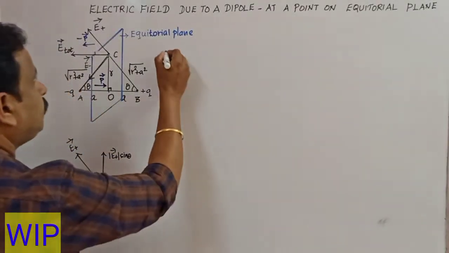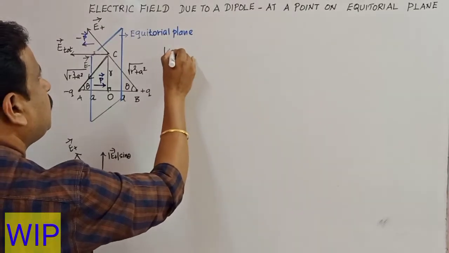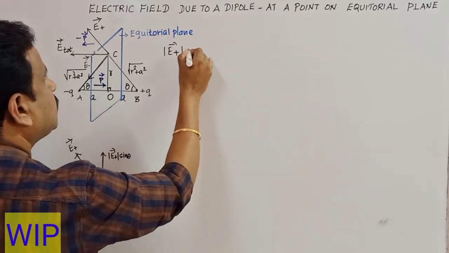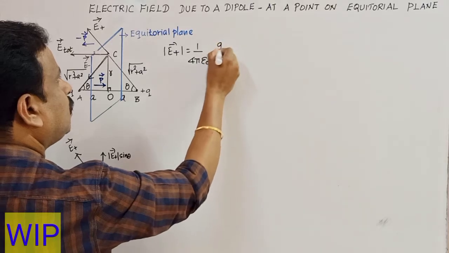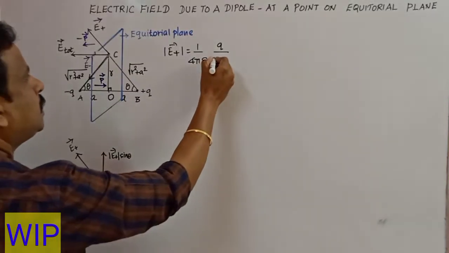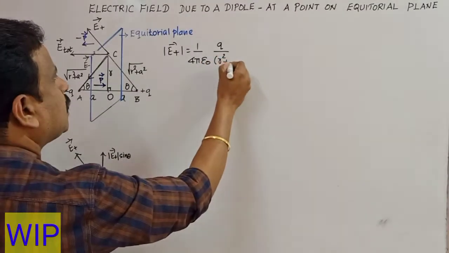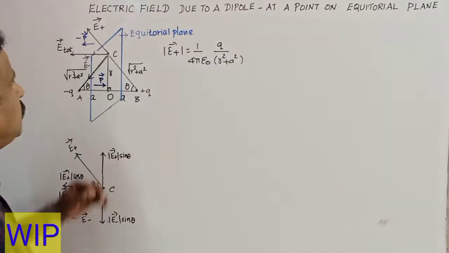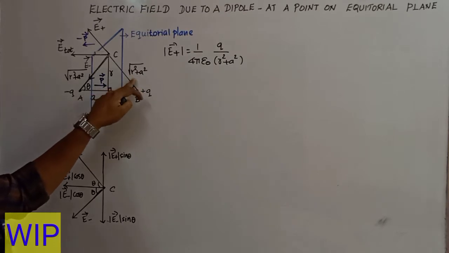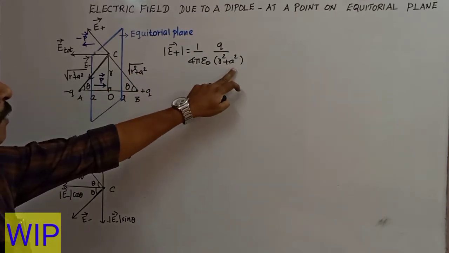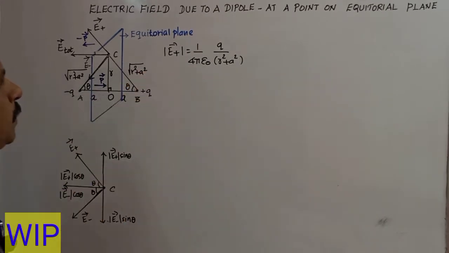So now let us proceed to calculate the total electric field. What is modulus E plus vector? It is 1 divided by 4 pi epsilon 0 times q divided by the distance square. Distance square means the root will go off, so you will get r square plus a square. This is your modulus E plus vector.